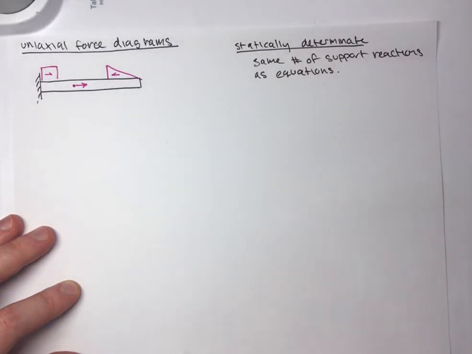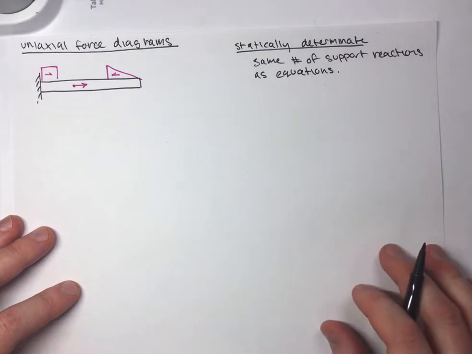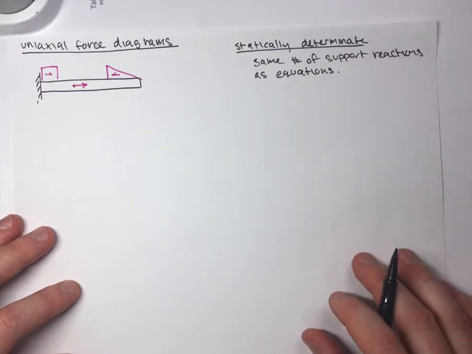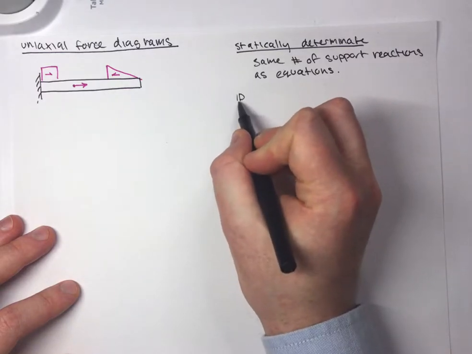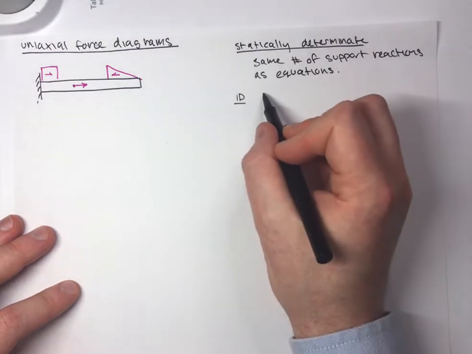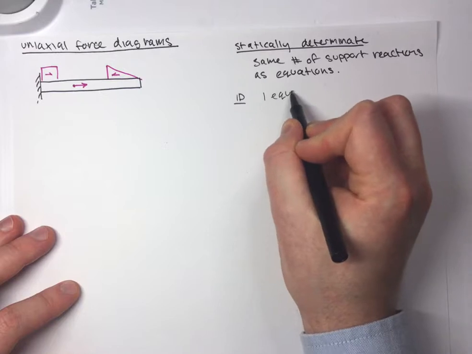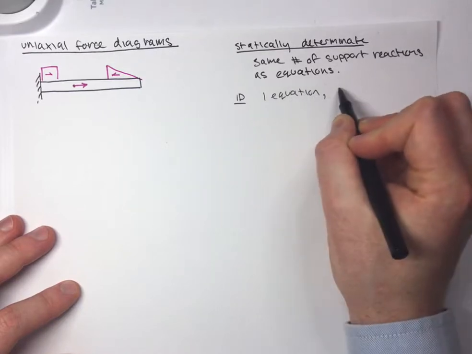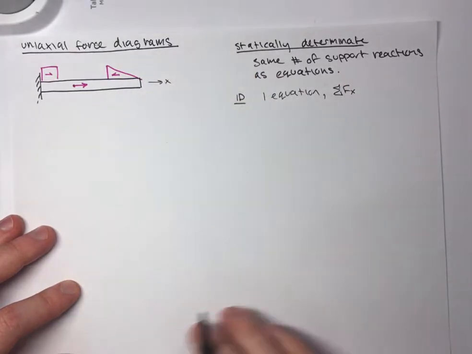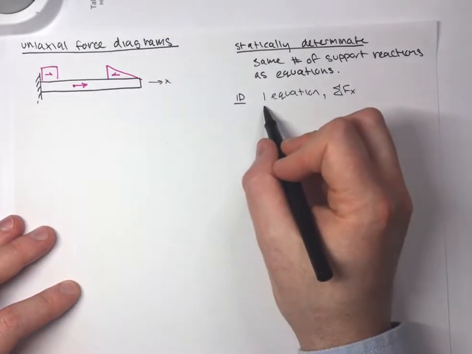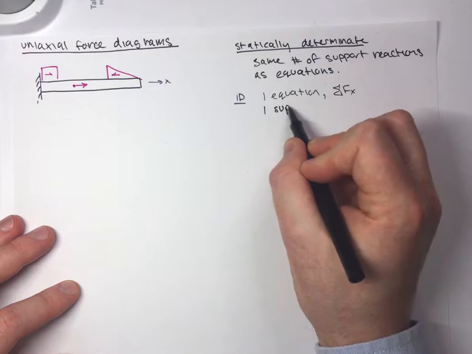So remember, in statics, we have our three tools. We have sum of the forces in X, sum of the forces in Y, and sum of the moments. In 1D, we don't have three anymore. We only have one equation. And that, in our case, we're going to say is sum of the forces in X, if we assume that this is the X direction. And that means we can have, at most, one support reaction.